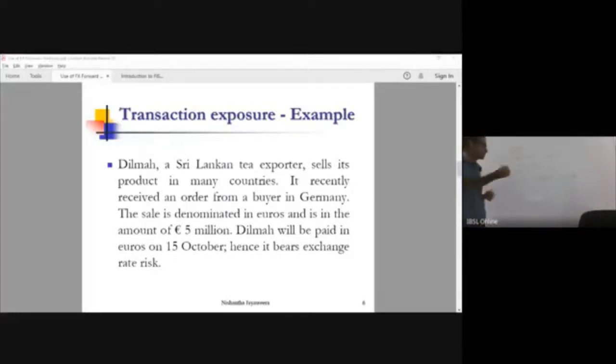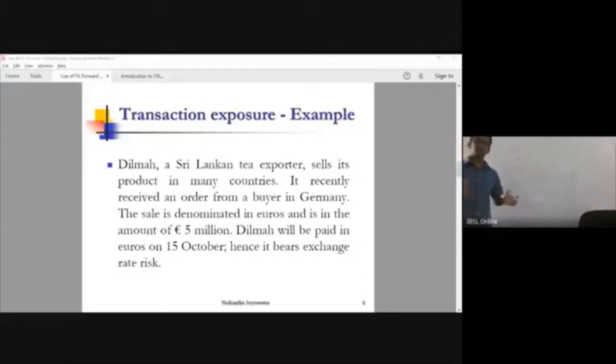Due to the transaction that the tea exporter enters into with the German counterparty to sell tea at a price of 2 euros per 1 kilo of tea, based on today's exchange rate, once you enter into that transaction, you get the exposure to the exchange rate risk, because the delivery of goods and receipt of payments may not happen on the agreed date.